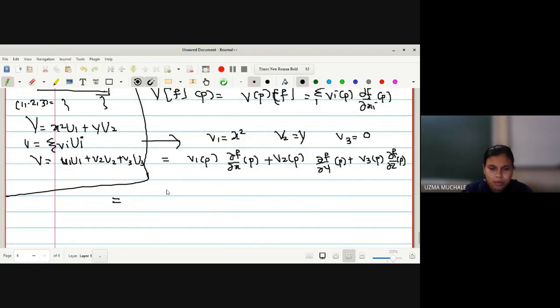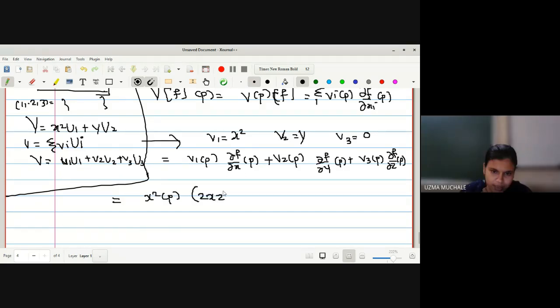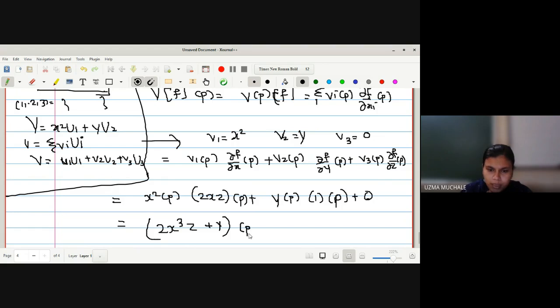So what is the value of v1? x square at a point P. What is dou f by dou x? 2xz, at a point P, plus the value of v2, we have y at a point P, and the value of dou f by dou y is 1, correct. v3 is 0, so the third term is 0. Again you will get the same answer, 2x cube z. Taking the point P outside, you get the result 2x cube z plus y.